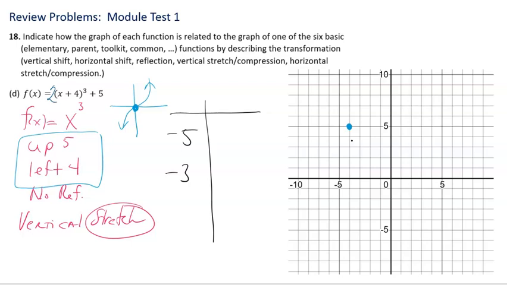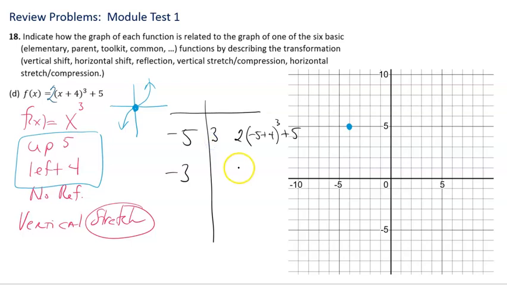Where am I plugging that into? The original function. So I've got 2 times -5 plus 4 to the third plus 5. That's what I'm calculating. I'm going to do this in my head because I'm running out of space. -5 plus 4 is -1. -1 to the third is also -1. Times 2 is -2. Plus 5 is 3.